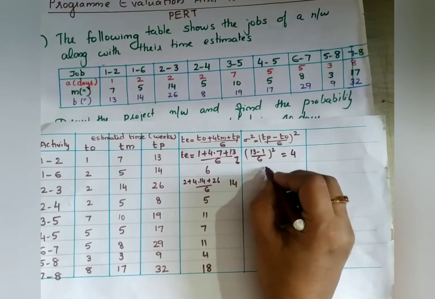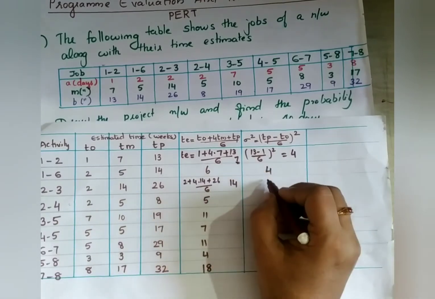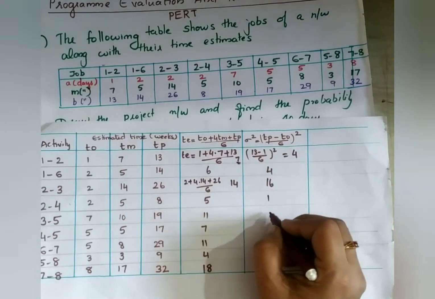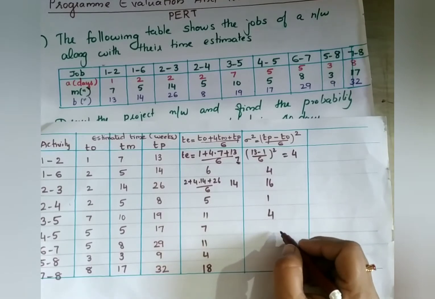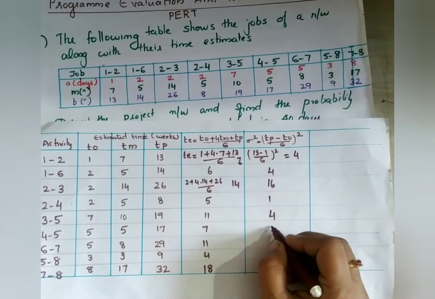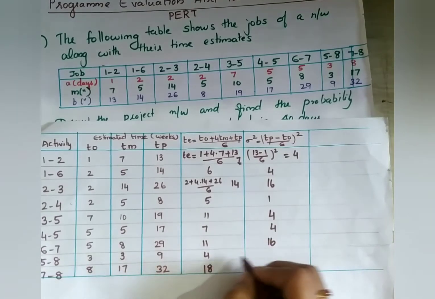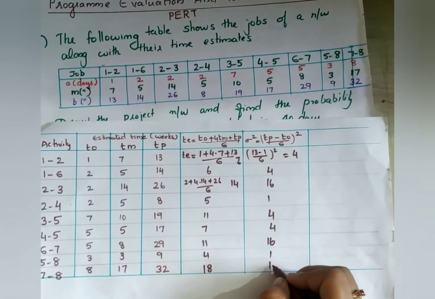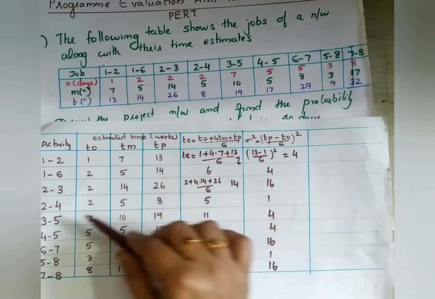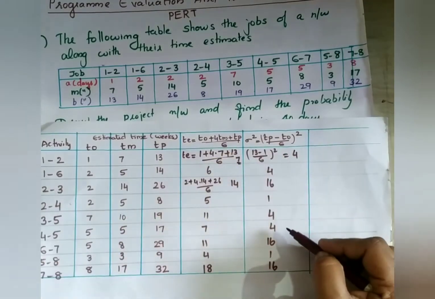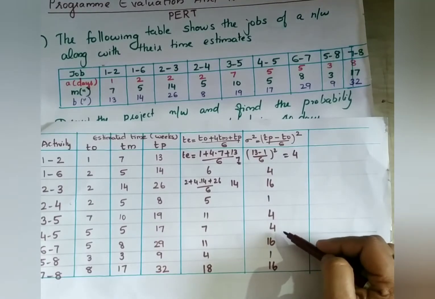Like this we complete the table: 4, then 16, then 1, then 4, then 4, then 16, then 1, and finally 16. You have to remember this formula, then only you can apply it. You can fill this in the table.